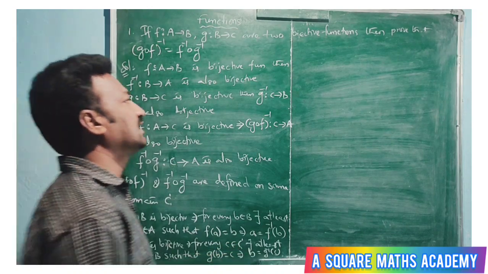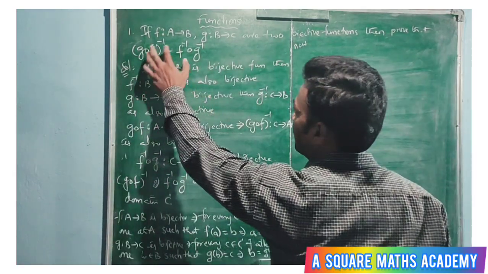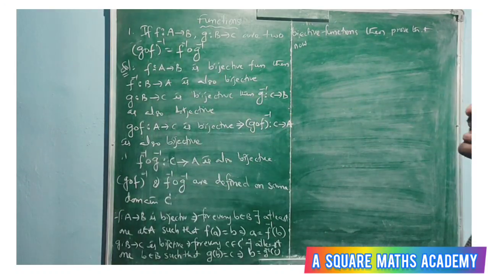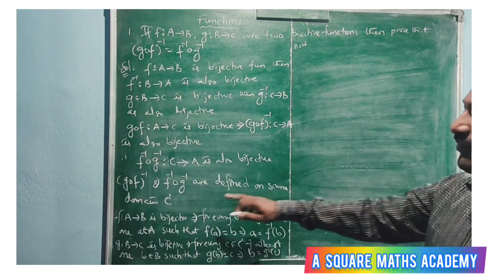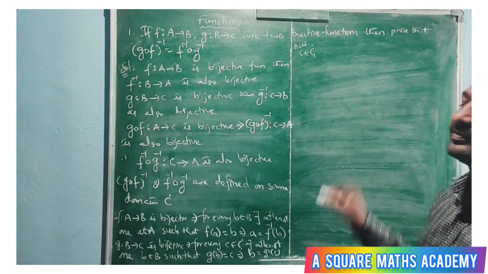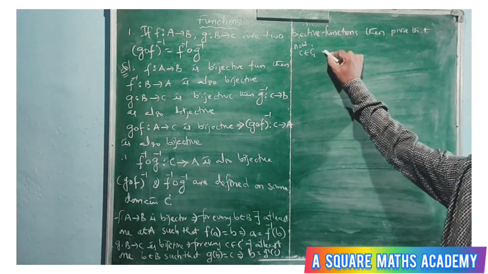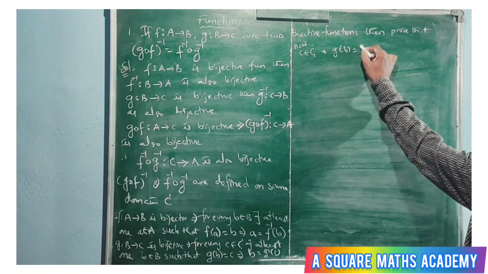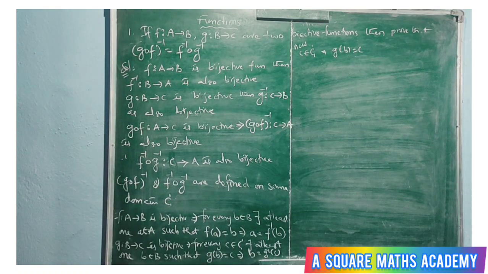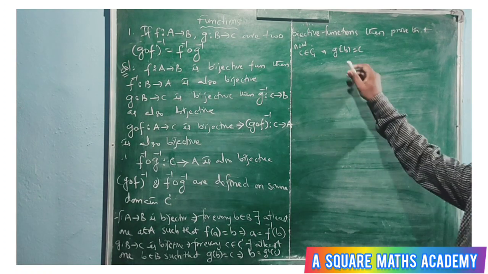Now see here, what do we prove? We prove (g∘f)⁻¹ equals f⁻¹∘g⁻¹. We take c belongs to C. Then g of b equals c.